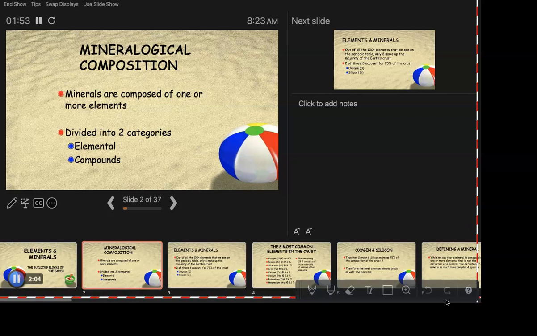So a mineral is something that's composed of one or more elements. Okay? This is not the definition. I am, at some point, going to hold you responsible for the definition of a mineral. All right? Yeah, well, actually, this test. Please don't write something that is composed of one or more elements.